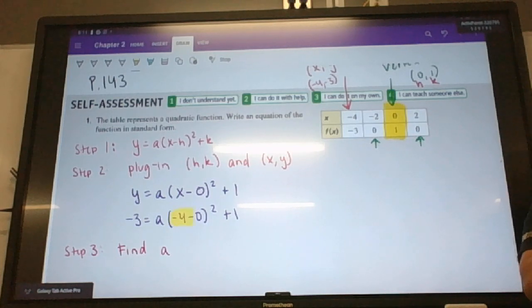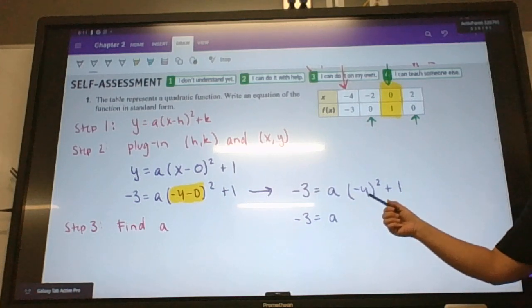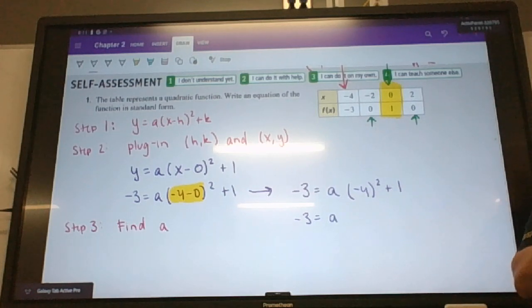So I would do the parentheses, and it would be negative 3 equals A, negative 4 squared plus 1. Negative 4 times a negative 4 is 16 plus 1. And I'm going to subtract 1 on both sides.